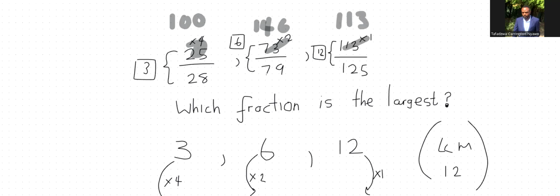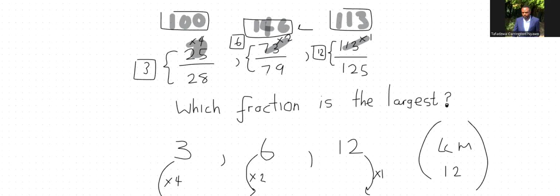Perfect. So by just looking at these numbers that I now got, here I've got 100, here I've got 146, and there I've got 113. So which number is the biggest? Obviously it is 146.